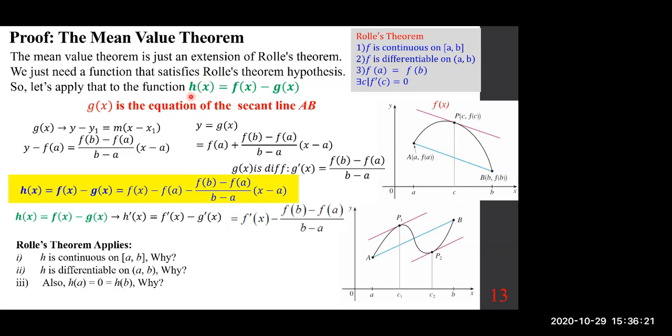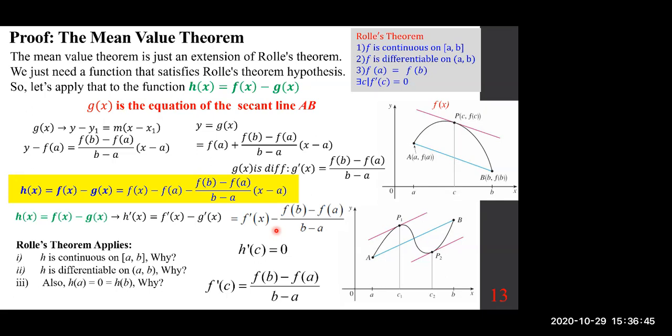Okay, so in this case, the function was h. H prime is 0, everybody. H is this. H prime is this. So if h prime is 0, that means f prime minus f of b minus f of a over b minus a is 0. That means f prime of x equals f of b minus f of a over b minus a, at some point c.